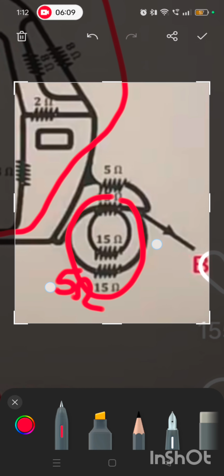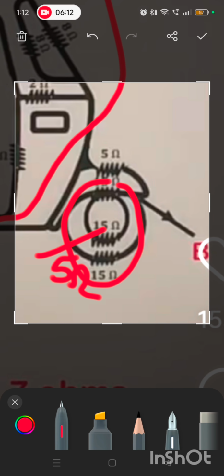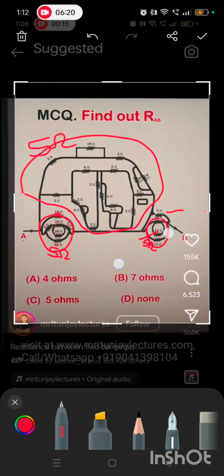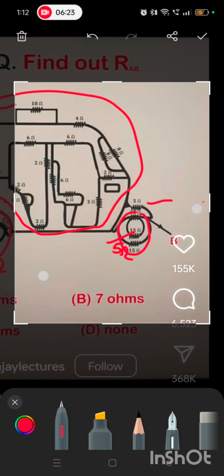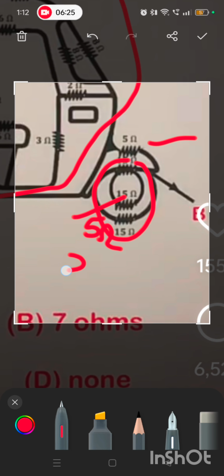And this 5 ohm is again in parallel with this 5 ohm, right? So this together will form 2.5 ohms.